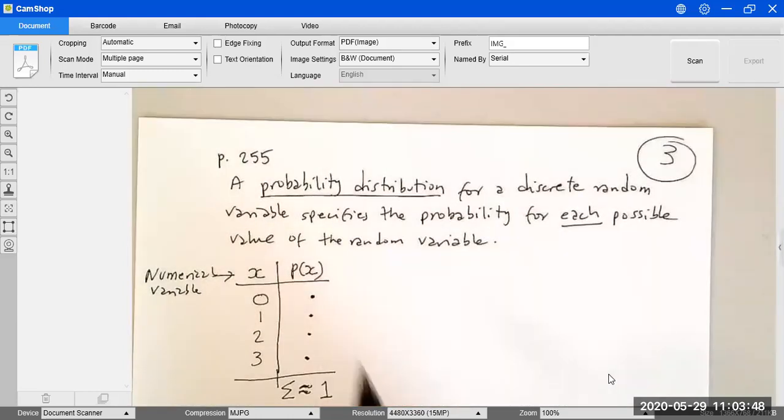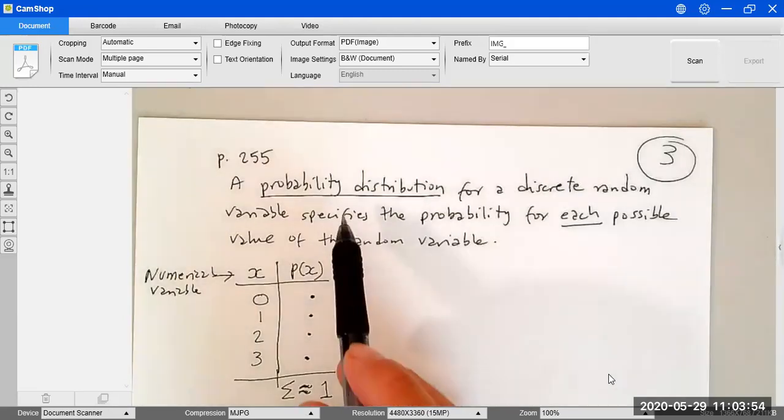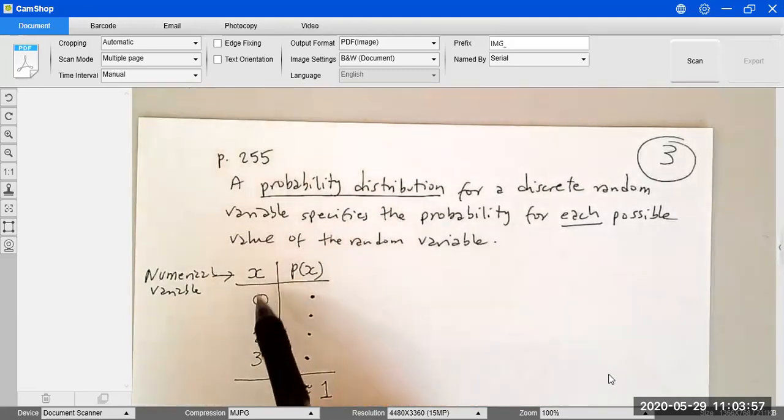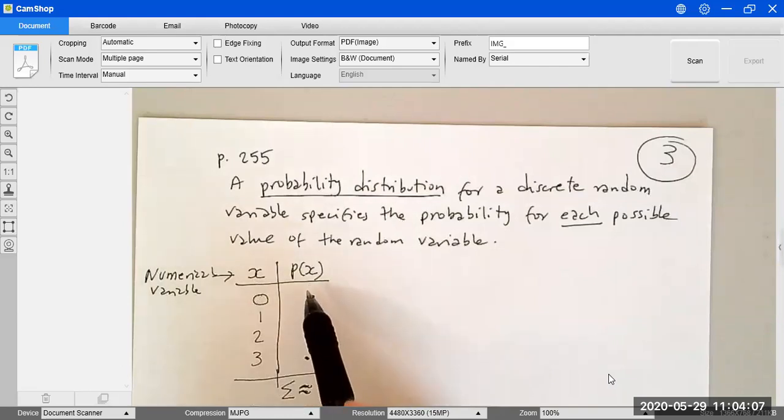The table looks like a frequency distribution, like a relative frequency distribution. But to be considered a probability distribution, the first column should be a numerical variable. Numerical values should go on the first column, and also numerical values on the second column, but those values are going to be restricted to a domain between 0 and 1, all of them.